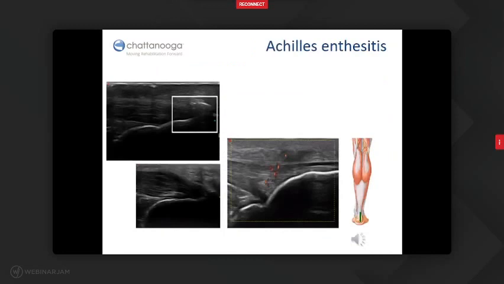In the case of Achilles enthesopathy, you can see on a longitudinal US picture an enthesophyte. The swelling of the tendon is thickened, hypoechogenic, and with inflammation inside on the right picture.